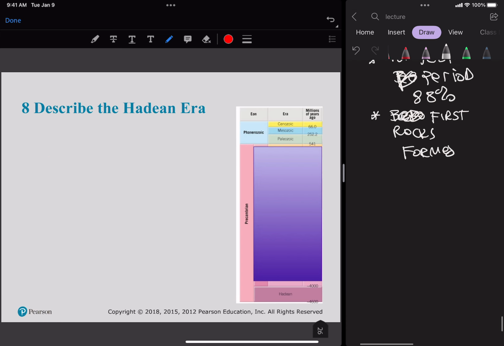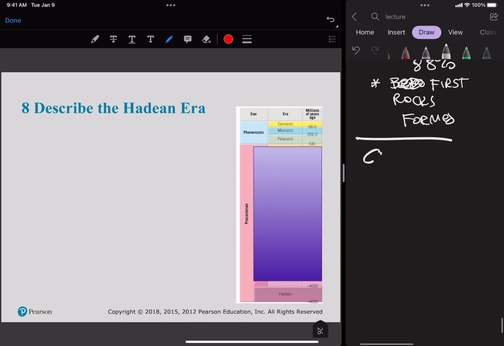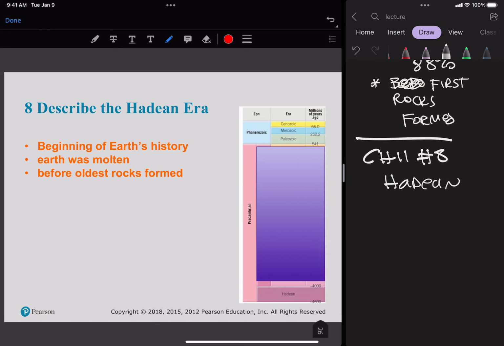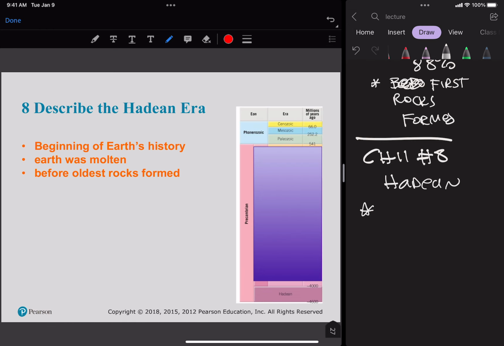Okay, next question. Chapter 11, number 8. Describe the Hadean. So you can see the Hadean here. The Hadean is the very beginning of Earth's history.